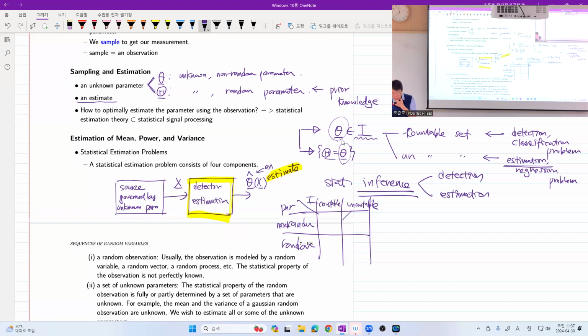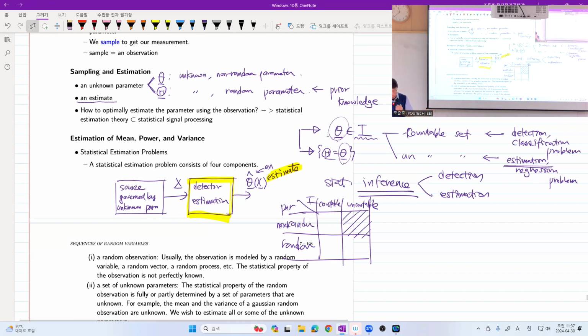Here, we are interested in this case. Got it? We want to estimate a non-random parameter, and that non-random parameter is a member of an uncountable set. For example, a real number, something like that.